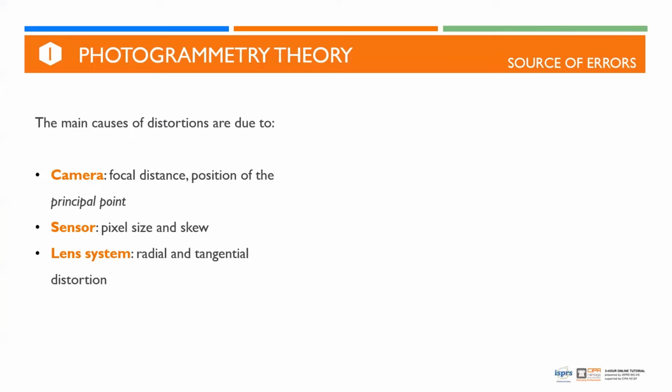So just take into account that there are some different sources of errors. We have different causes of distortion when we are dealing with our cameras and with our images. I will not go through all the theoretical part of this, otherwise I will go too long, but just to let you understand that we have some distortion that could be due to the camera, to the sensor, to the lens system.